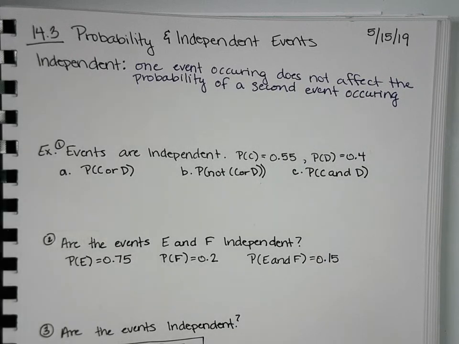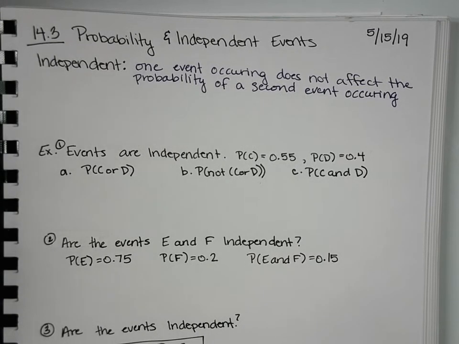Now, if I take that card and I keep it out, how many are left in the deck? 51. So if I were to ask what's the probability of now drawing a king of spades, what would it be? 1 out of 51. So did drawing this card affect the next one? Yeah. So that would mean they are dependent events.